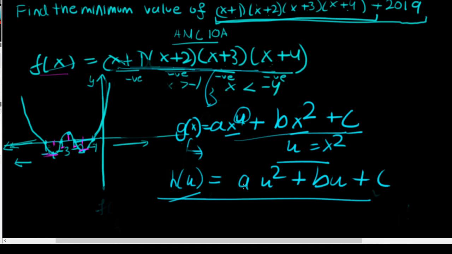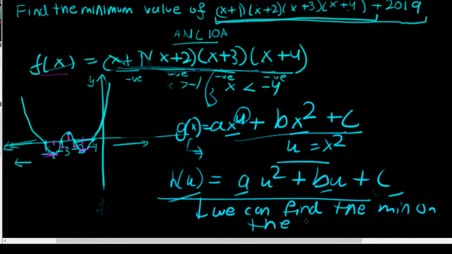Once we know the values of a, b, and c, we can easily find the minimum of h of u. We can find the minimum or the maximum, depending upon the sign of a, if we know a, b, and c.